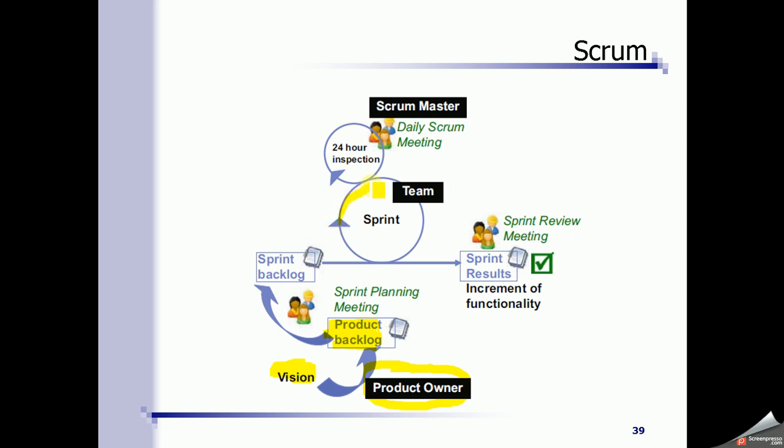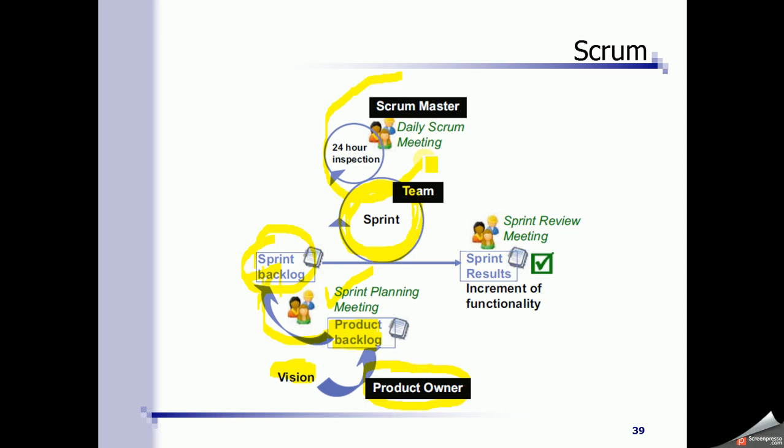So every sprint takes like 2 weeks time. It starts with a sprint planning meeting in which we take the most important use cases from product backlog and put them in the sprint backlog. These are the use cases that will be implemented in the current sprint.